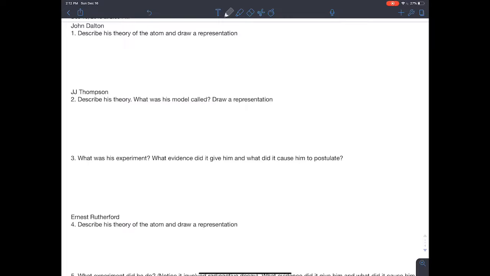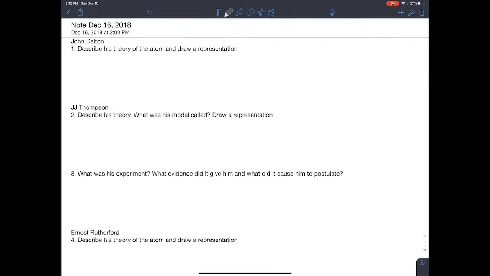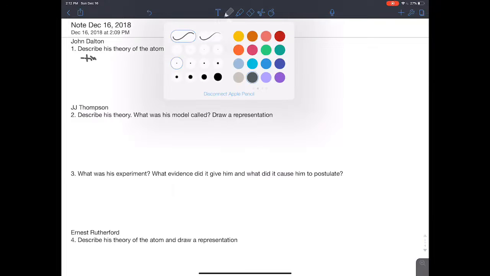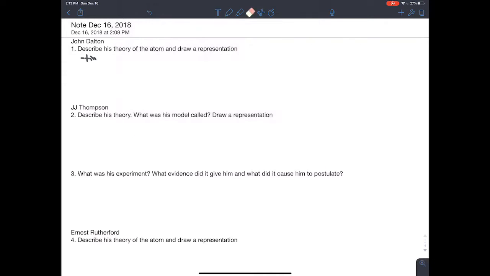After Democritus, Dalton was really the first one who brought back the theory of the atoms. So he said that atoms were tiny balls of mass, combined in whole number ratios.